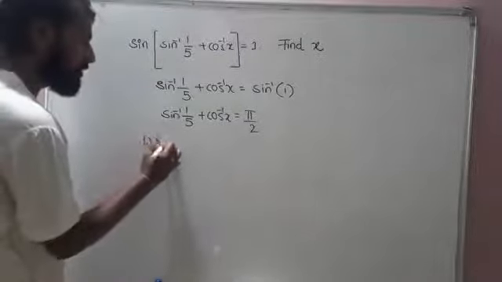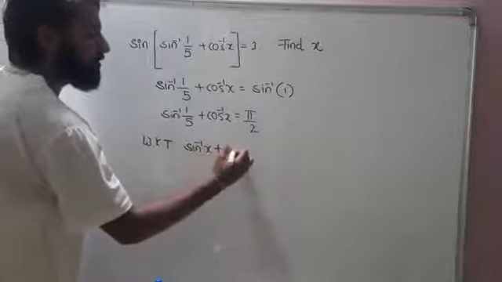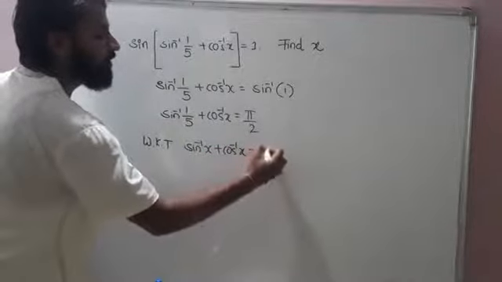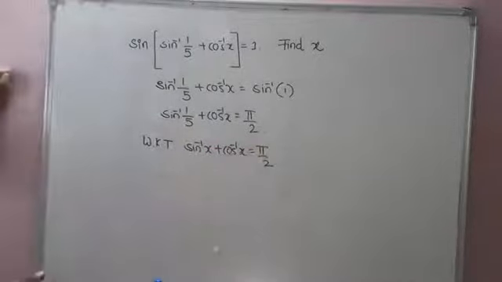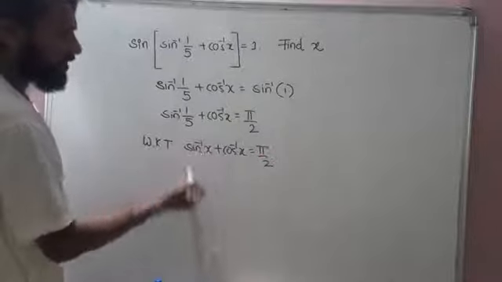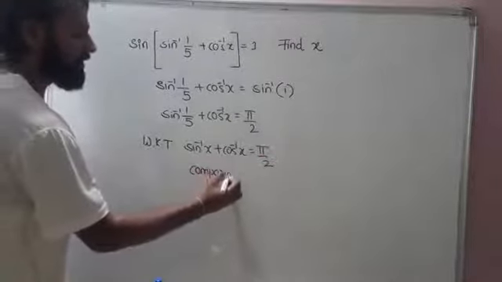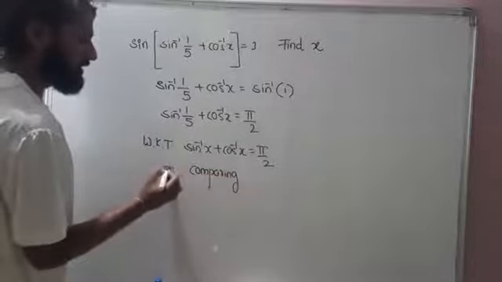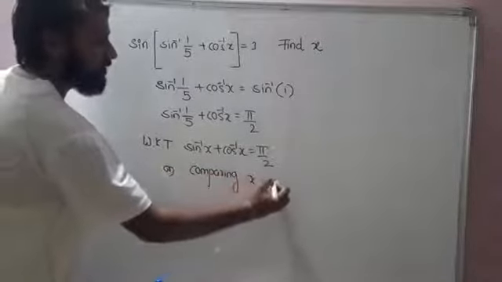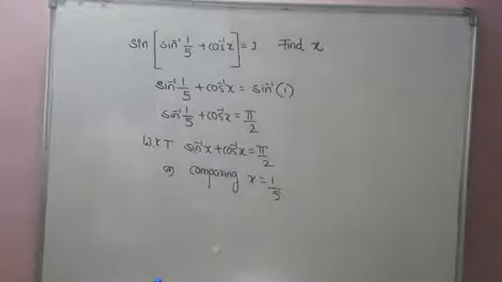We know the property sine inverse of x plus cos inverse of x equal to pi by 2. Now compare both the things. In the place of x, I have 1 by 5. So on comparing, I can easily say x is equal to 1 by 5 as the final answer. Again, this is a very simple question which will be asked for 1 mark in the exam, dear friends.